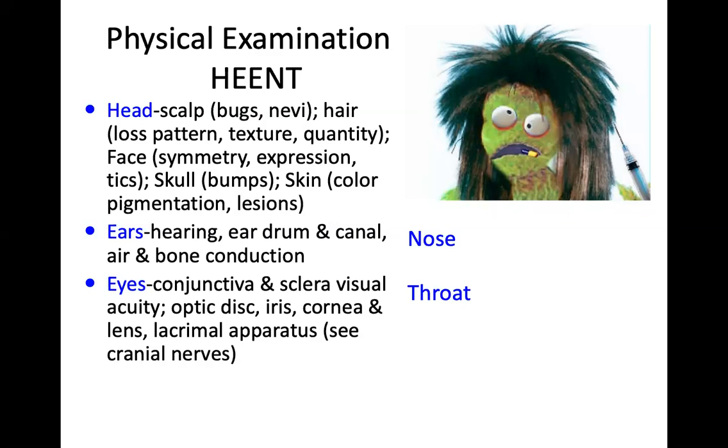If it's an emergency, I'll call one of them that I know well, and he will usually see them on an urgent basis. Iris, cornea, and lens. A lot of times if they are using contact lenses, they have corneal abrasions, and that's very painful. And then we're going to look at the cranial nerves, okay?